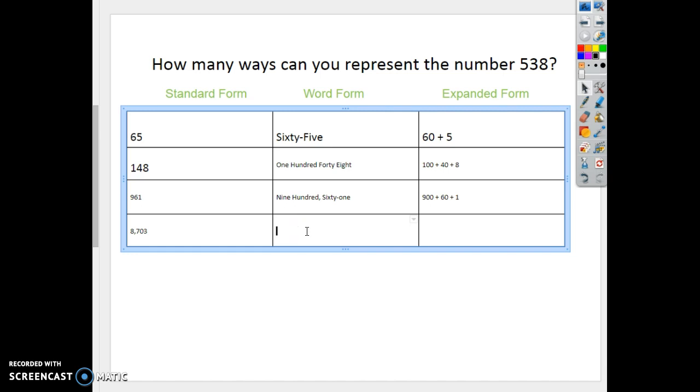This one would be 8,703. In expanded form would be 8,000 plus 700 plus, now the 0 is worth nothing, so we just skip it, plus 3.